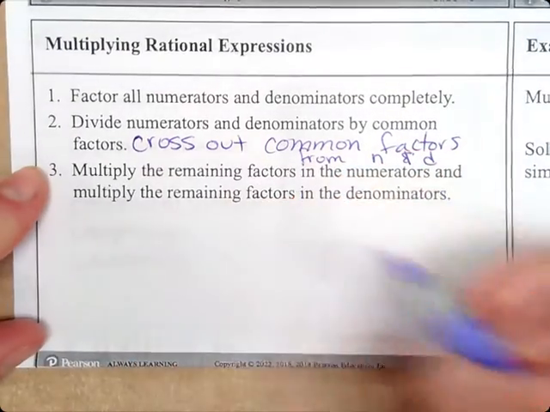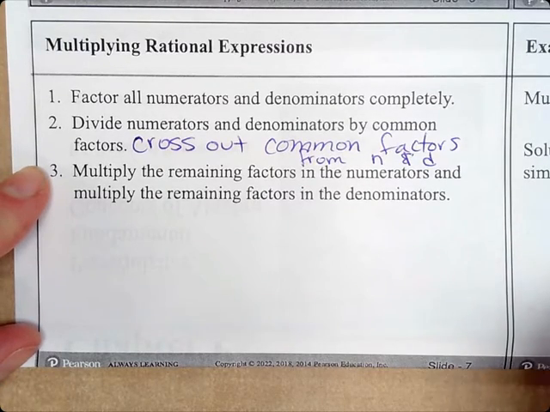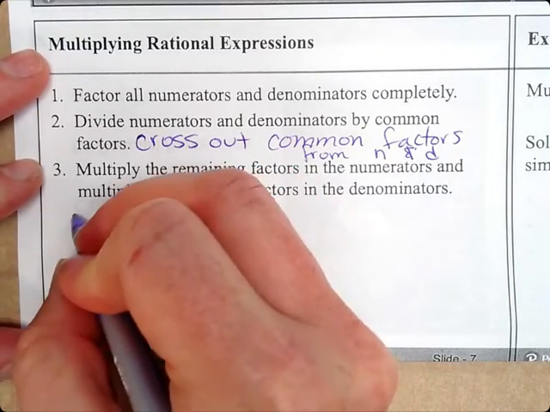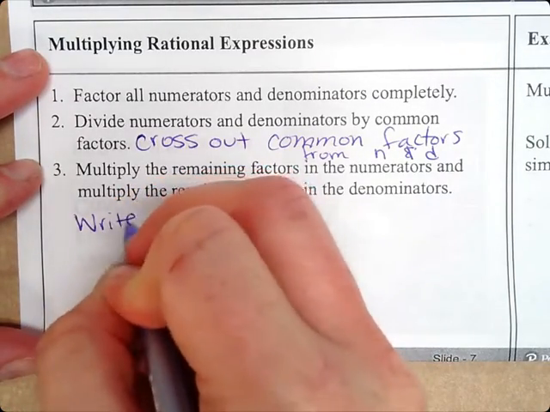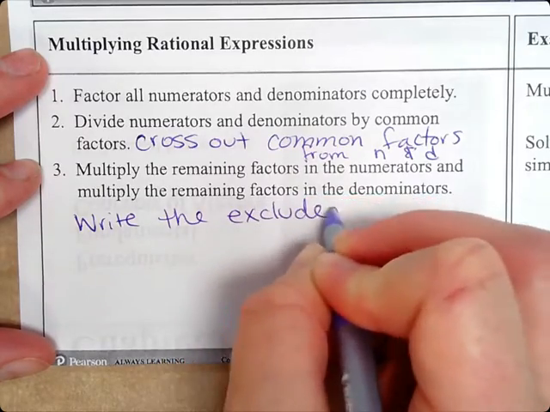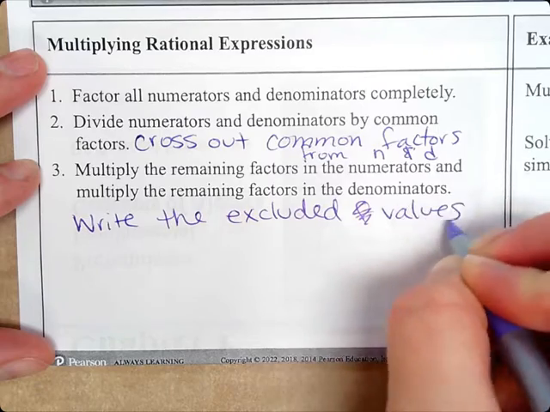And then the last thing is to multiply the remaining factors in the numerators and multiply the remaining factors in the denominators. And then our last thing would be to write the excluded values from the domain.